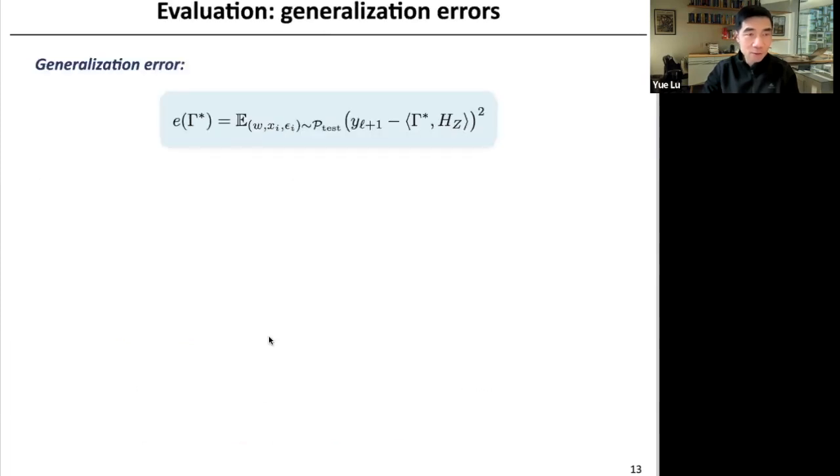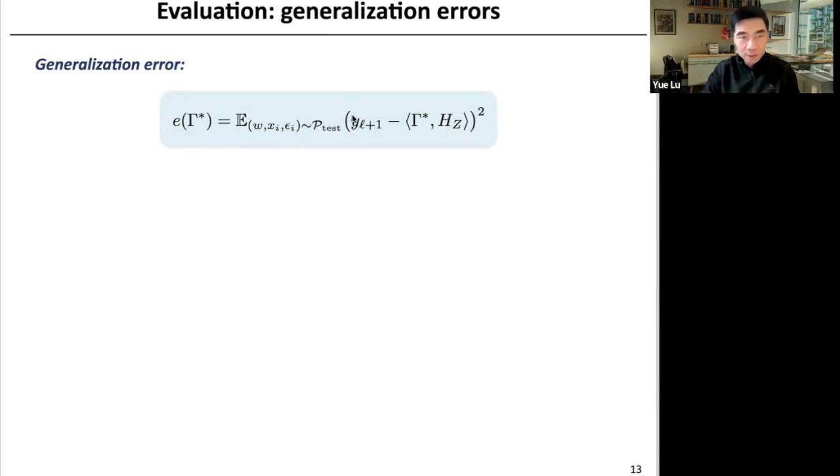All right, a few performance metrics. The first one is the so-called generalization error. Here Y and H are a pair of new input and output, with input given by H of Z, and Y is the output label, that are not part of the pre-training data set, and gamma star is the optimal weight parameter matrix that we've learned.